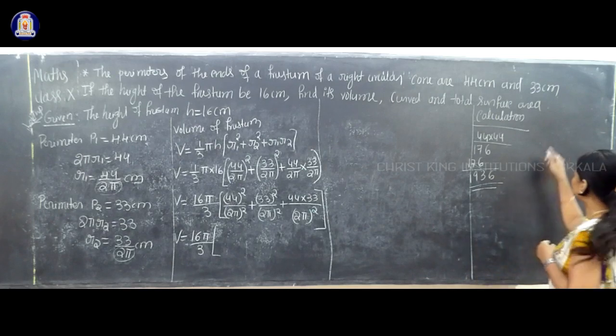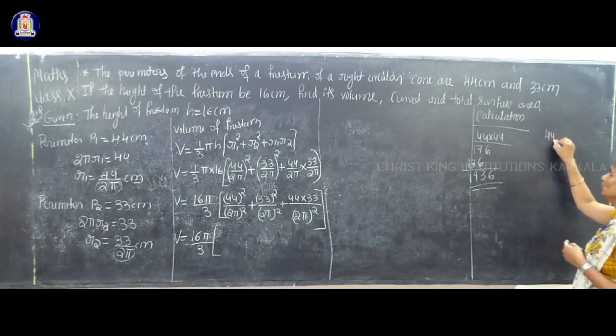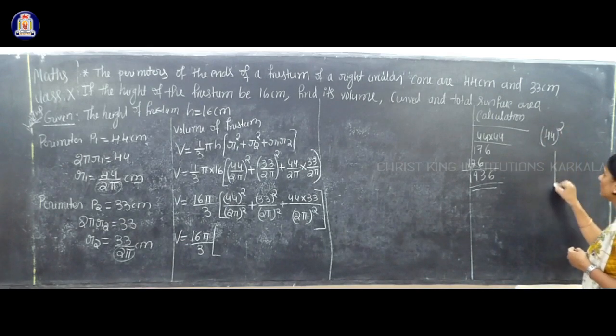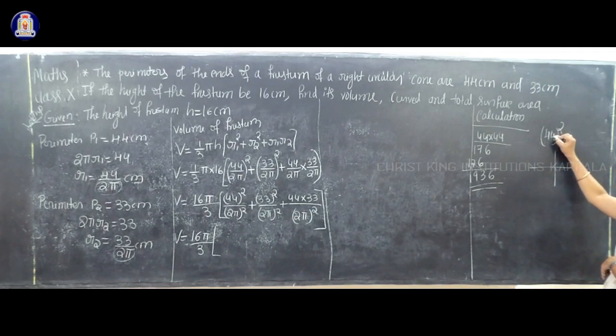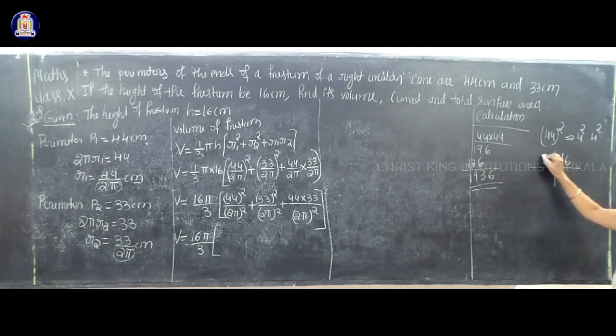There is one easy method to find square. Already you know this one. How to find square is like this, plus sign. Next 44 is there, no? So take this as 4 square and 4 square. So 4 square is how much here? 16. This 4 square is how much here? 16. Next multiply this 4 into 4. 4 into 4, how much is it? 16.